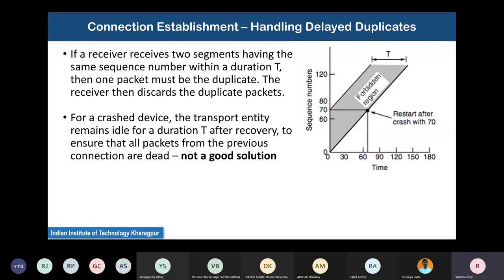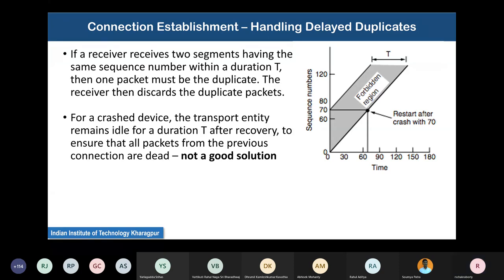Then the receiver has to somehow identify that there is a delayed duplicate, that this packet had actually been sent earlier. How do we identify it? It has to identify from the sequence numbers that within a time duration t I have received this. But of course, it will need to know this time duration and all this stuff.